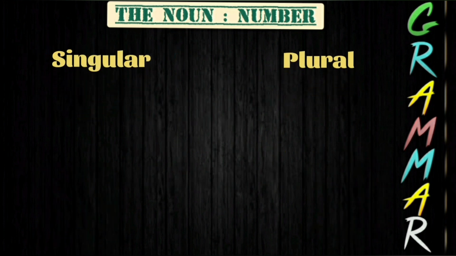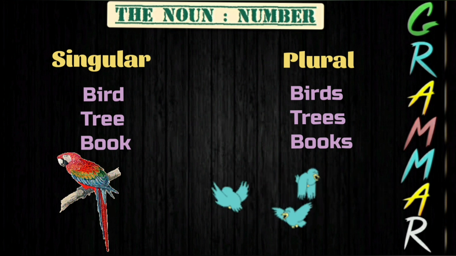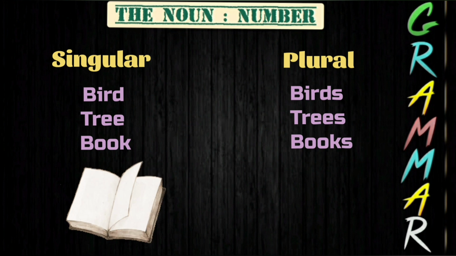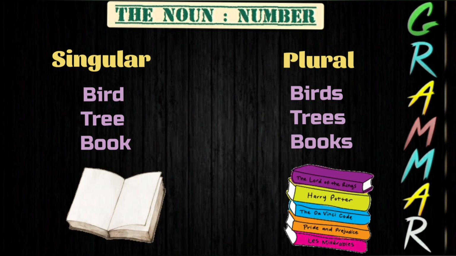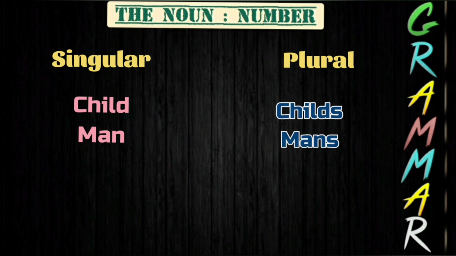So now we have seen some examples of singular and plural number. For example, the plural of bird is birds, the plural of tree is trees, the plural of book is books. But have you ever heard the plural of child is childs, the plural of man is mans?